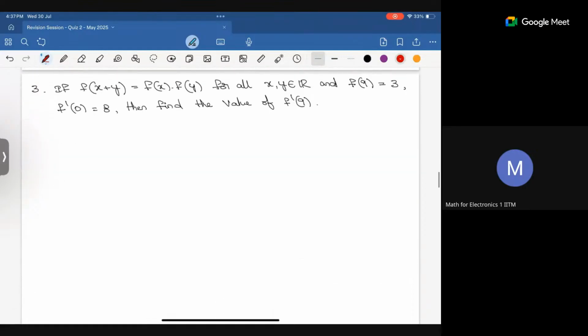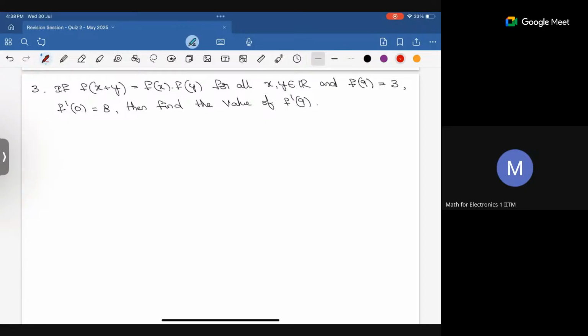All right, so let's move to the next problem. I think this problem you would have also seen somewhere, and it's a nice problem related to this kind of concepts. So we have been given a relationship which involves some understanding of our function f, which is f of x plus y equals f of x into f of y for all x, y.